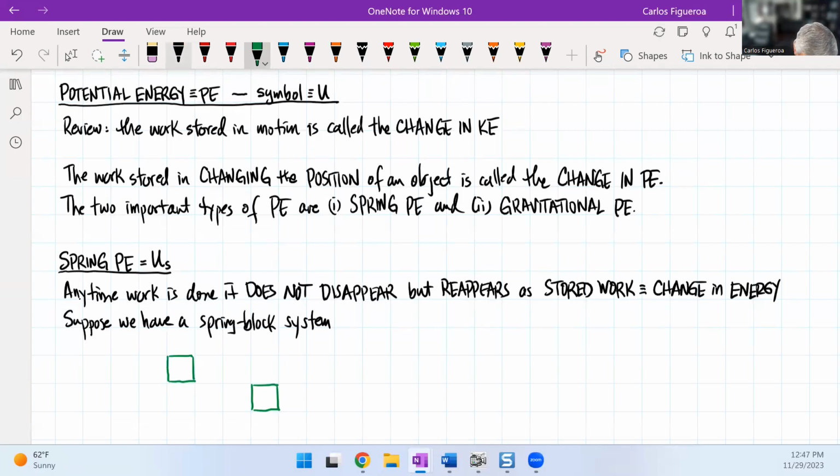And this block is attached to a spring, and the rungs of the spring are compressed here.